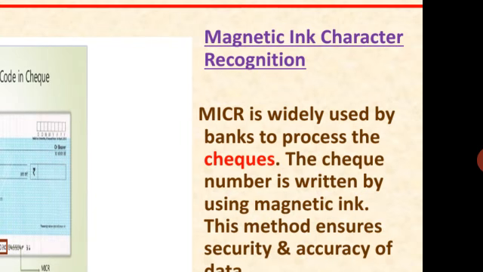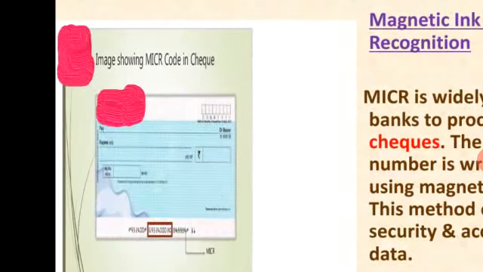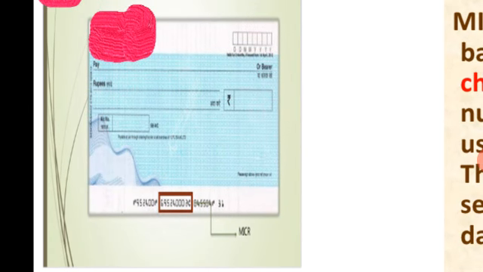Basically it is used in banks to process checks. Everybody might have observed a check. I can show you in this diagram. Our check looks somewhat like this image. Below there is a number which we call the check number. You can see it is marked here.